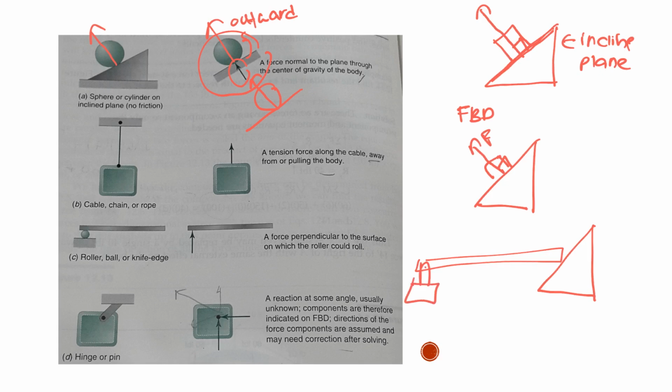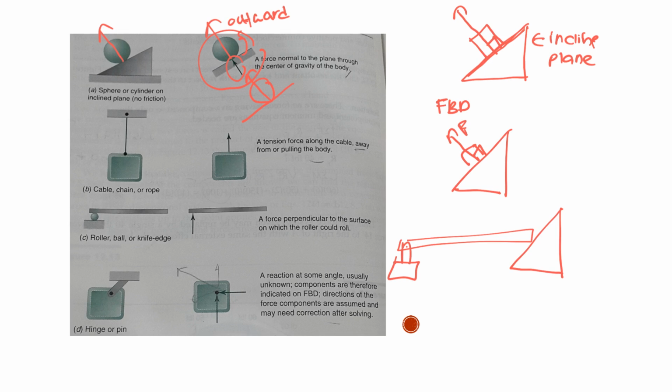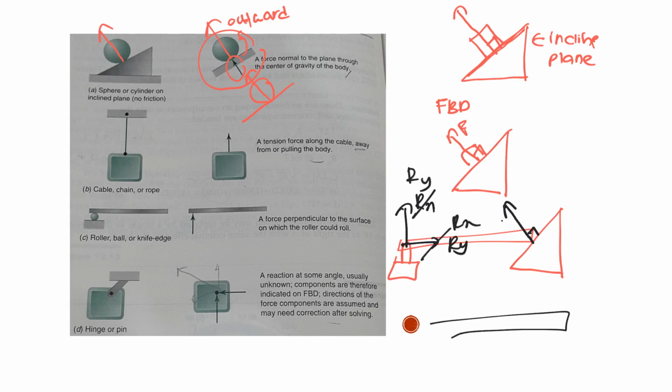And I put a hinge here. The force from the inclined plane is perpendicular to the inclined plane, and the forces at the hinge, I'm going to show you the directions later, have X and Y components. So this is going to be RX, this is going to be RY. So it's better for you to draw it back.